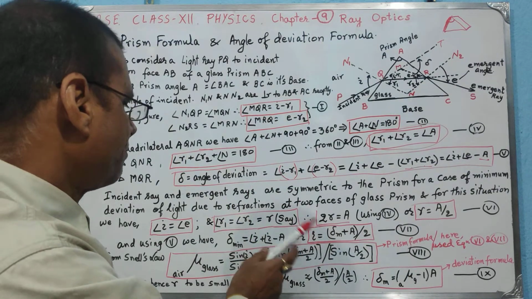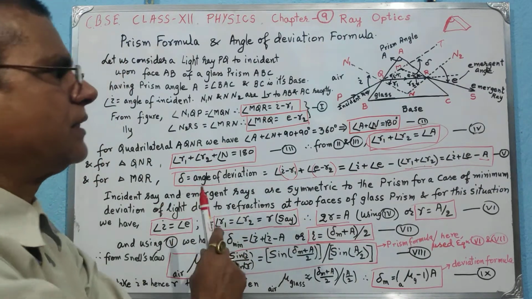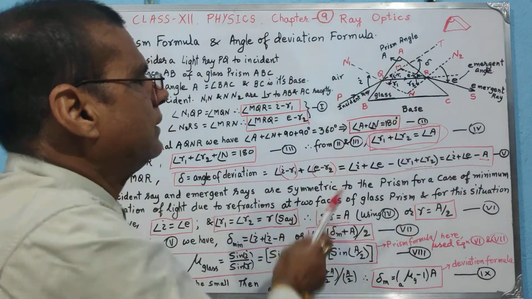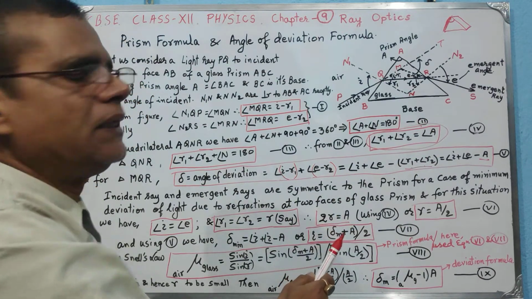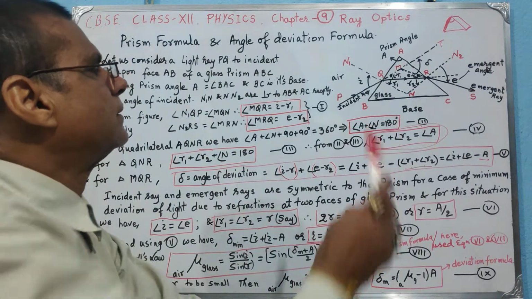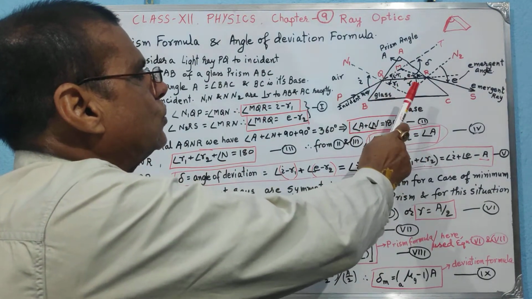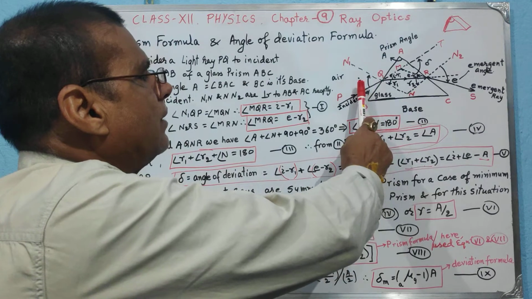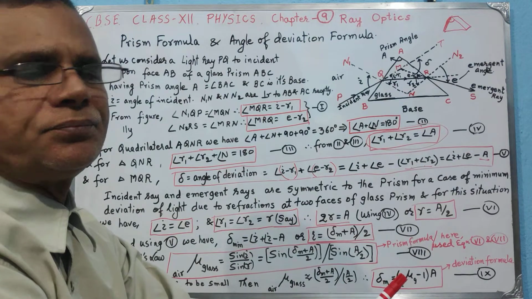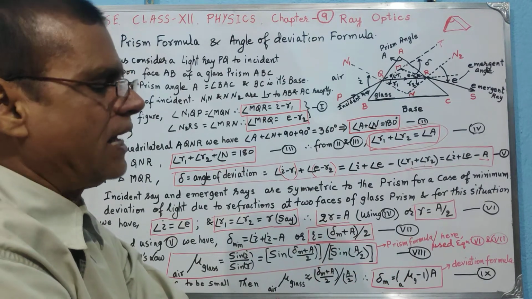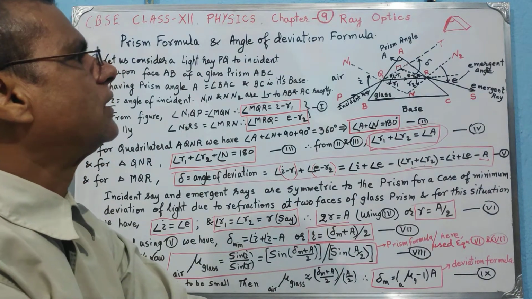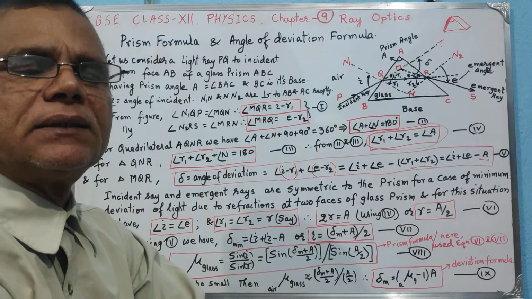Now you see, we have one situation. If the light emerging out of the glass prism is suffering minimum deviation, then the light ray will have angle of incidence and angle of emergence equal. Why does this happen? We can take some analogy with refraction in a glass slab.